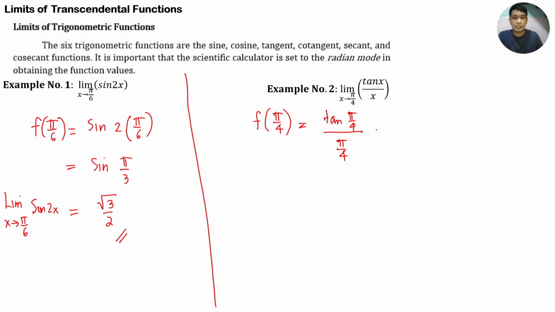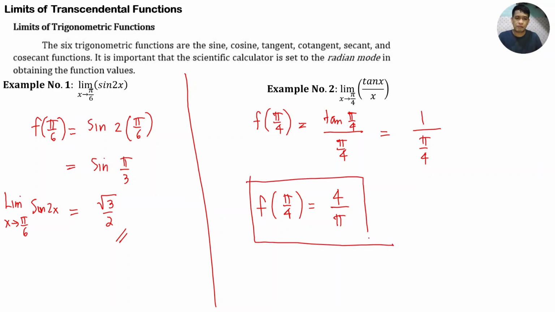Pi over 4 is 45 degrees and tangent of 45 degrees is equal to 1. So that gives us 1 all over pi over 4. Then f of pi over 4 is equal to 1 divided by pi over 4, which is 1 multiplied by the reciprocal of this pi over 4, which is 4 over pi. So you can express your answer in decimals if you wanted to, but since hindi naman sinabi sa problem, so it's okay na 4 over pi yung ating answer.